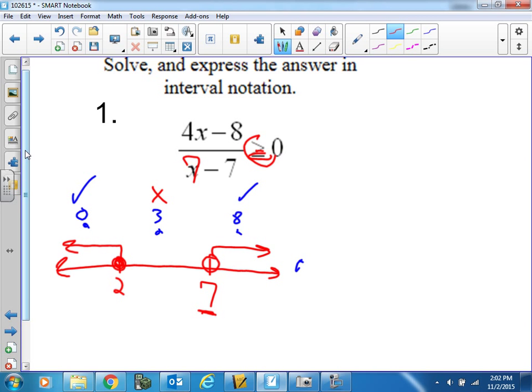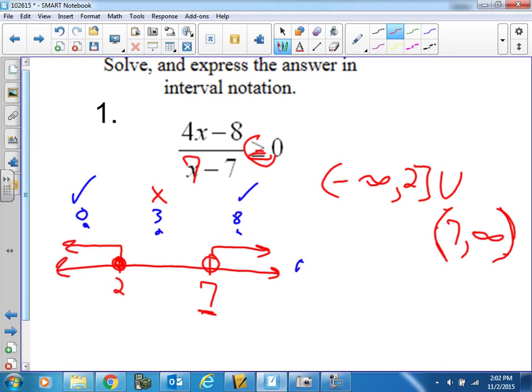So for the first interval, you would have from negative infinity, always have parentheses around infinity, all the way up to 2 with a bracket. It does include 2. And union, or 7 with parentheses all the way to infinity. All right, so we have that for our first one.